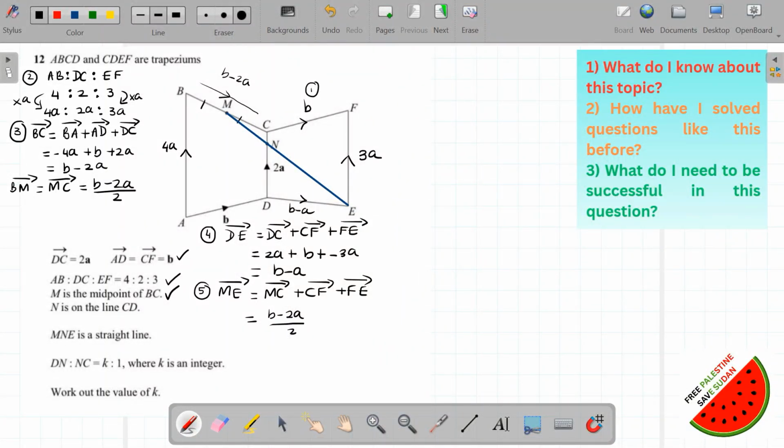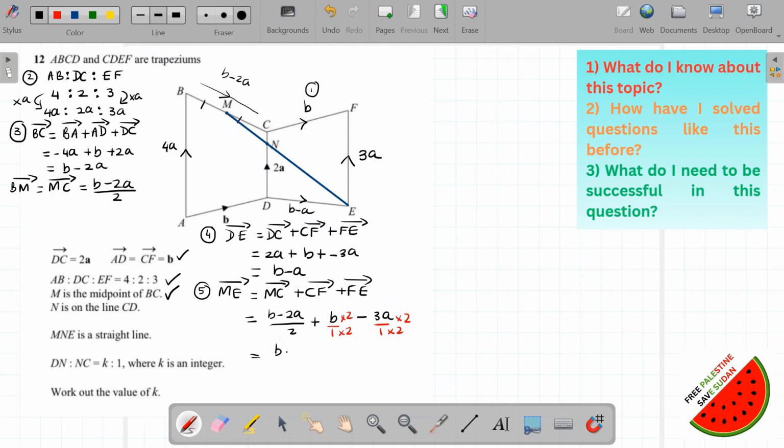Plus CF is b, and FE is minus 3a as we saw. So I'm going to write this over 1 multiplied by 2, top and bottom for both of these, so we've got the same denominator.